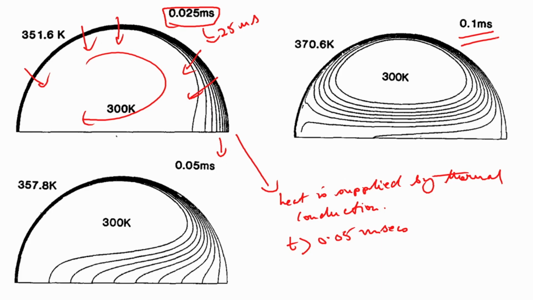You can see that the temperature profiles now start to mimic the streamlines. These are the isotherms, and they are mimicking the streamlines. There is a distortion of the spherical symmetry of the temperature field.